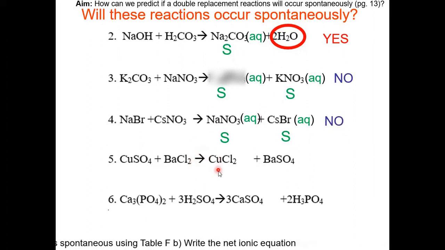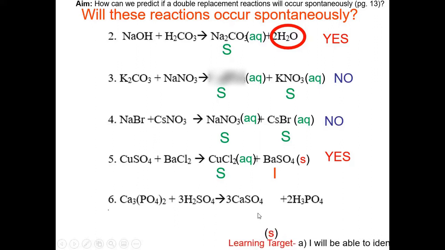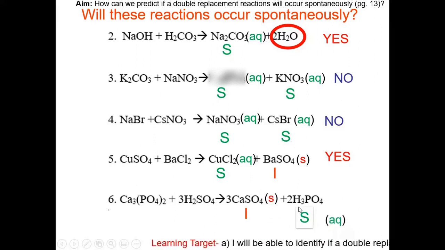For question 5, copper chloride is soluble, but barium sulfate is insoluble. Since one of the products is insoluble, the double replacement reaction is spontaneous. For number 6, calcium sulfate is insoluble, and the other product is soluble.